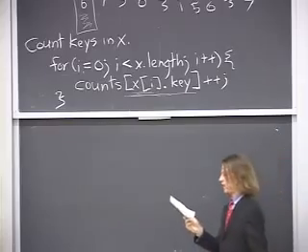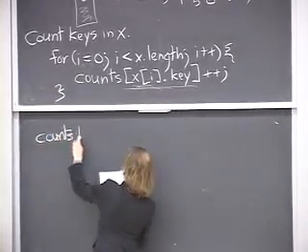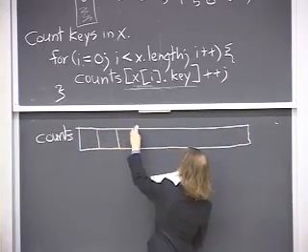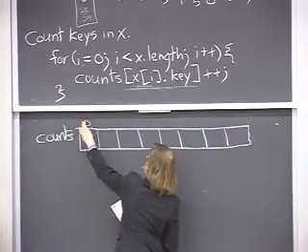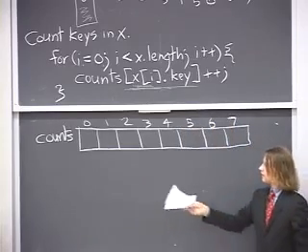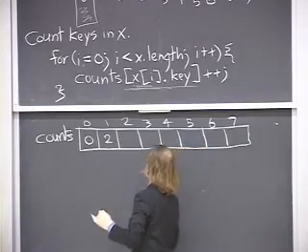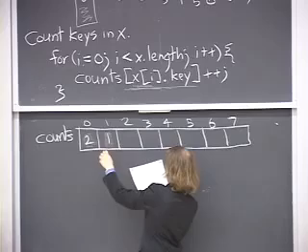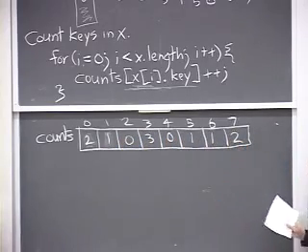So now we have the counts array again. And initially, the counts array is going to come out the same as before. So we do our counts and we get 2, 1, 0, 3, 0, 1, 1, 2, just like before.